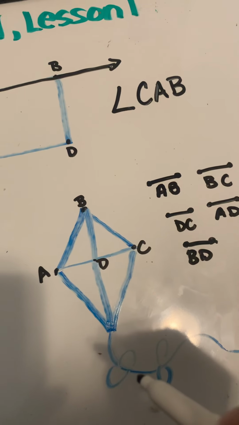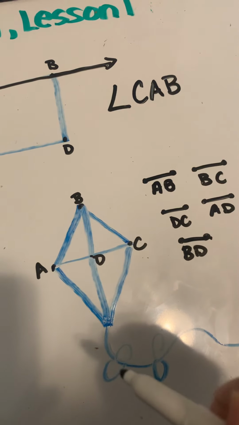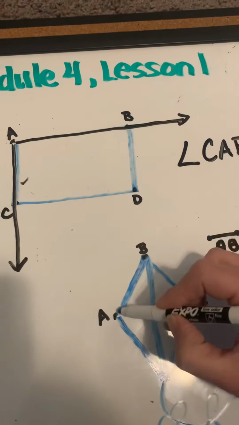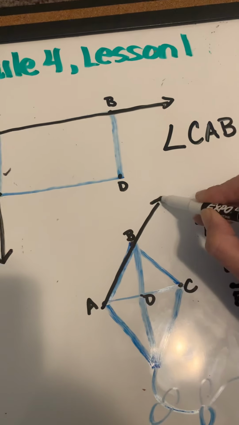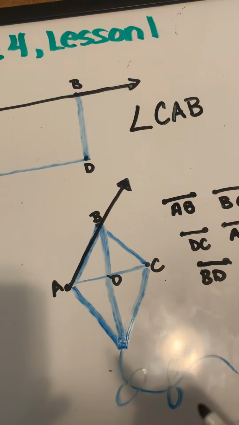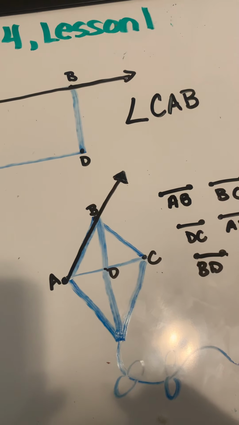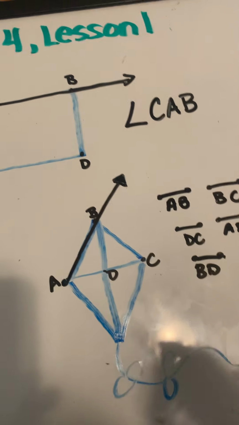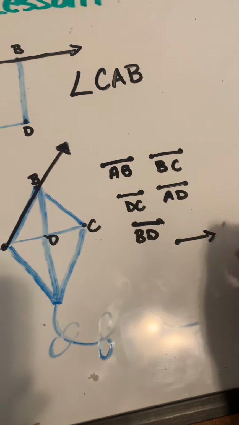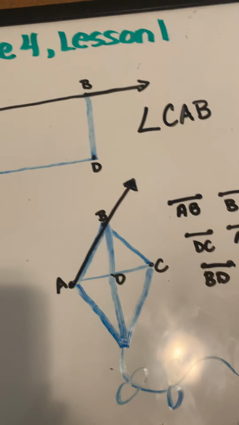Let's extend AB in a direction like that, so it has this end point and it's going to keep on going that way. So now it's a ray. If I was going to write that down, I could do a line with an arrow and I would call it AB, just like that.